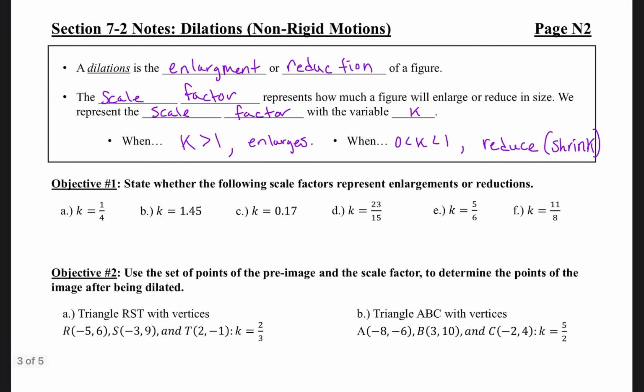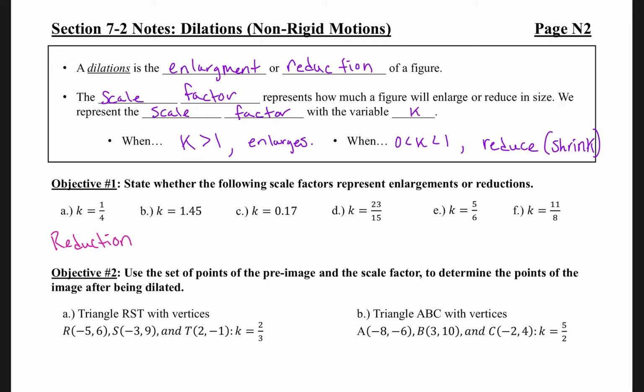So you can see for objective 1, it asks us to go through this and state whether the following scale factors represent enlargements or reductions. And all we're doing is basing it off of if it's bigger than 1 or smaller than 1. So look at this first one. Is 1/4 bigger than 1 or smaller than 1? It's smaller than 1, so this represents a reduction.